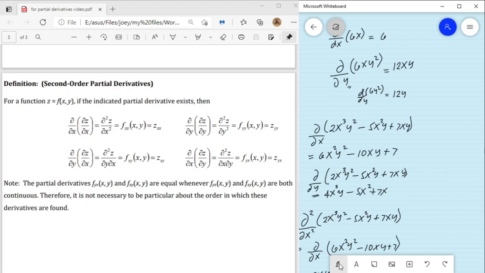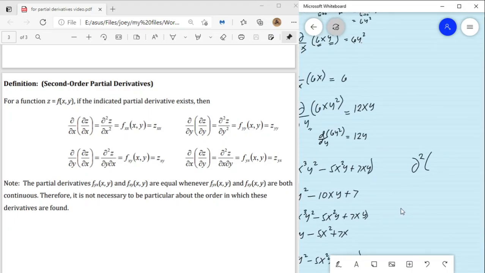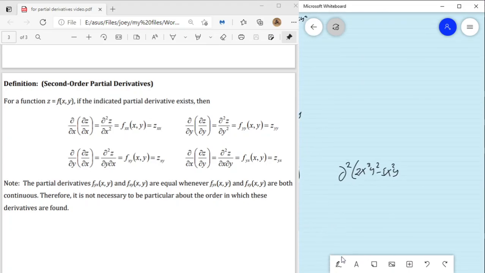So, this time, suppose we would like to solve for the second partial derivative of the expression 2x cubed y squared minus 5x squared y plus 7xy, this time with respect to y.